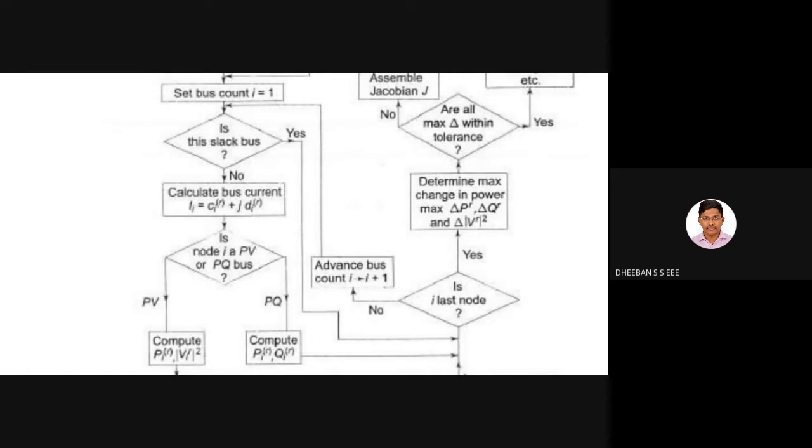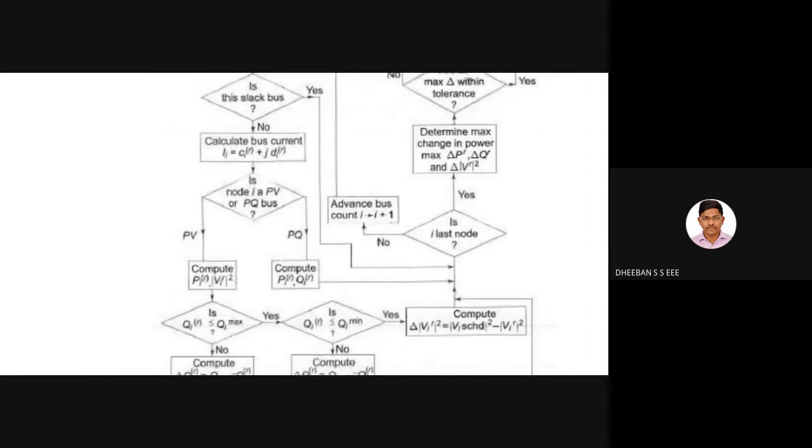So it is an increase in your bus count. This increase in bus count is also covered in the Gauss-Seidel algorithm, right? After the second bus, you skip to your third bus. That's the methodology there.